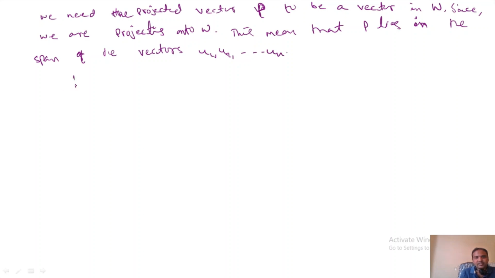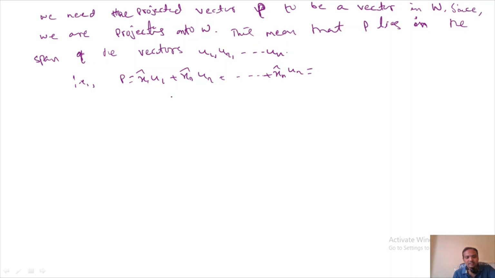That is what that means. P lying in the span of these vectors means we can write P equal to some scalar multiple of these vectors. Suppose I take x1 hat u1 plus x2 hat u2 and so on, xn hat un.